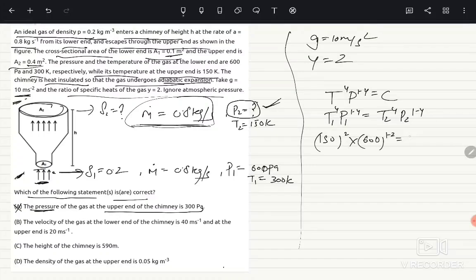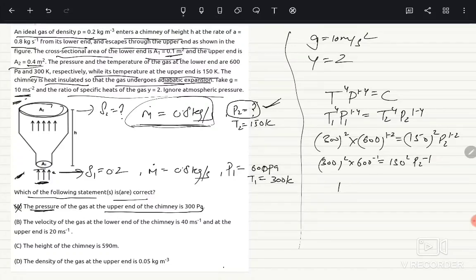The value of gamma is 2, P1 value is 600, T1 value is 300, T2 value is 150. To find P2, with 1 minus gamma meaning 1 minus 2, this will give us 300 square into 600 inverse equals 150 square into P2 inverse.